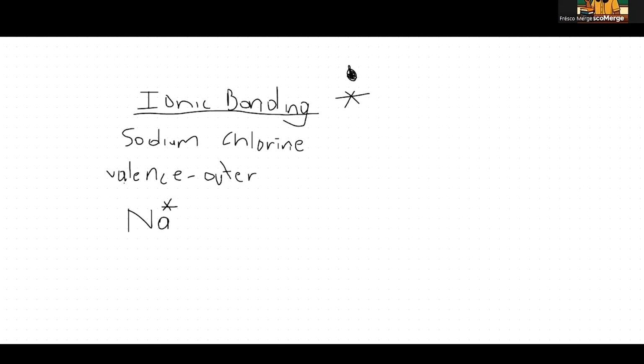How do we know that there is only one electron on the outer shell of sodium? What do we use to determine that?